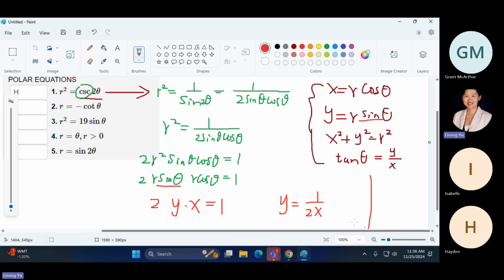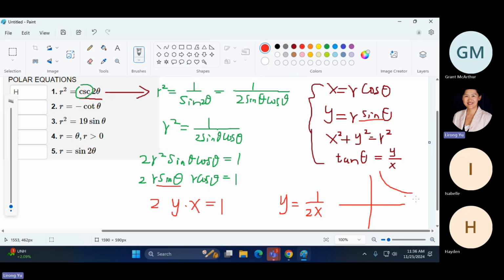The picture of this shows a reciprocal relation between the two variables, meaning that if x is small, y is large, which is here. If x is big, y is small, since it's 1 divided by a big number, so it's over here. So the picture looks like this.